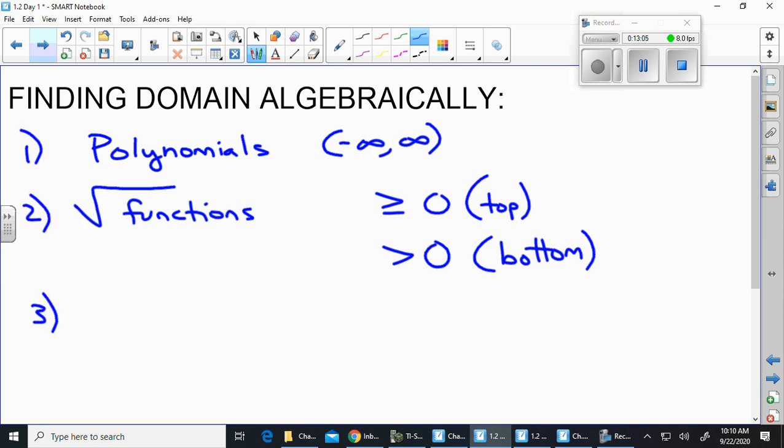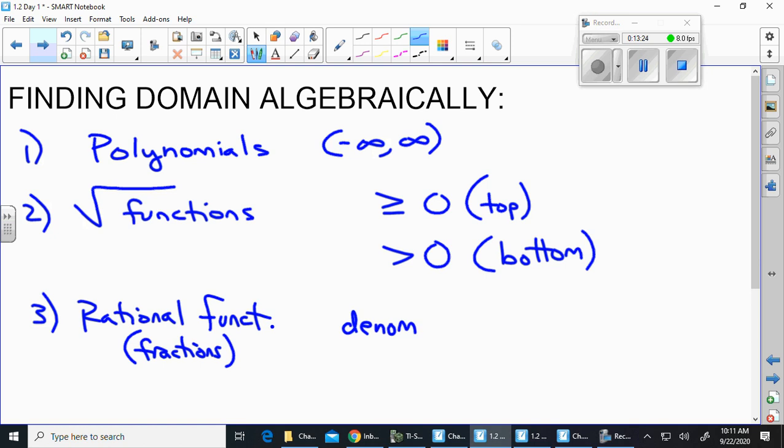Third thing, if you have a fraction, which is rational functions, if you don't remember that, fractions. What you want to remember, the denominator cannot equal 0. So you find that, and that's the exclusion from the domain.